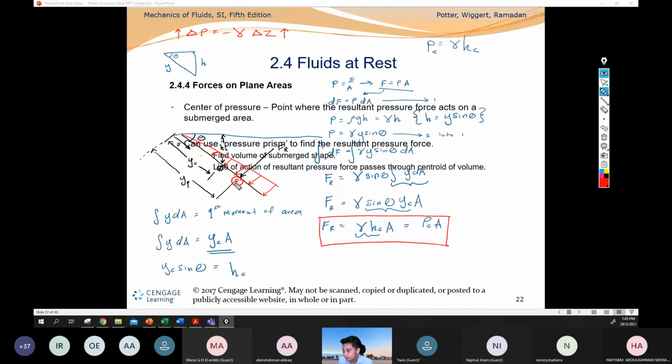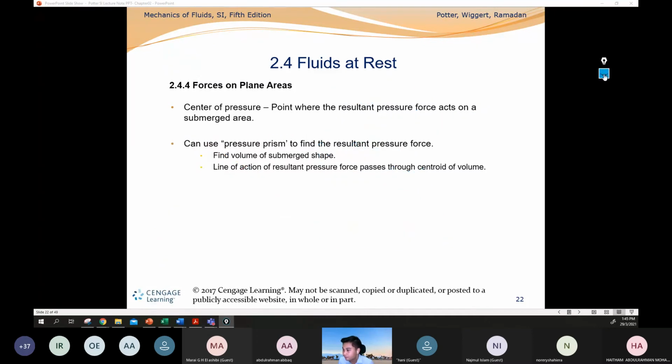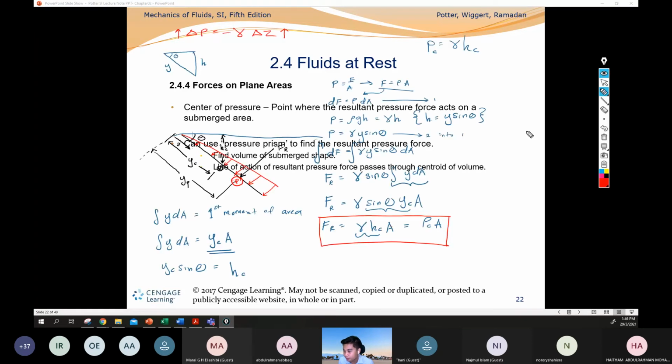This is pressure where the resultant force is acting on the center of pressure P. So in order to calculate the location of center of pressure, we normally employ this method. Find the volume of the submerged shape, and the line of action of the resultant pressure force passes through the center of volume. All right, this one is okay. Never mind. I will explain later on through the example.